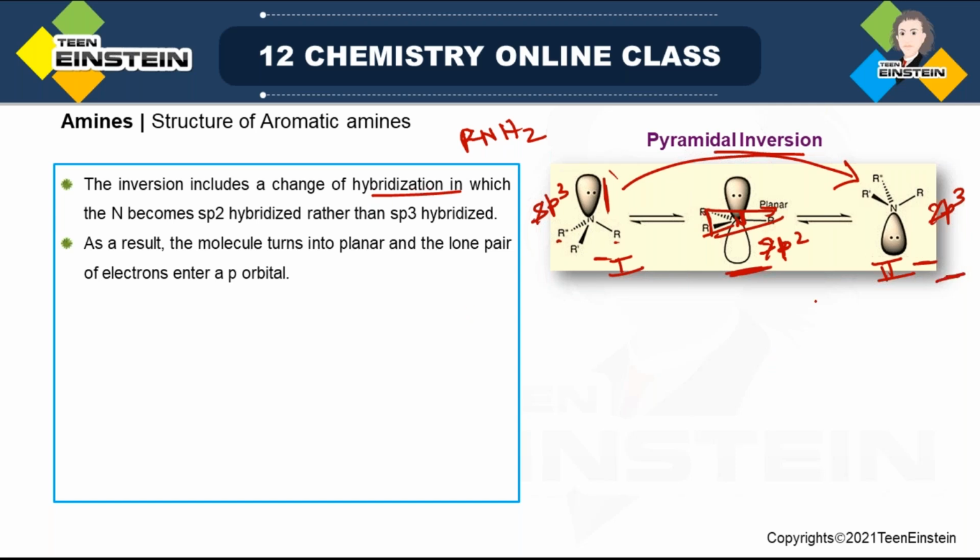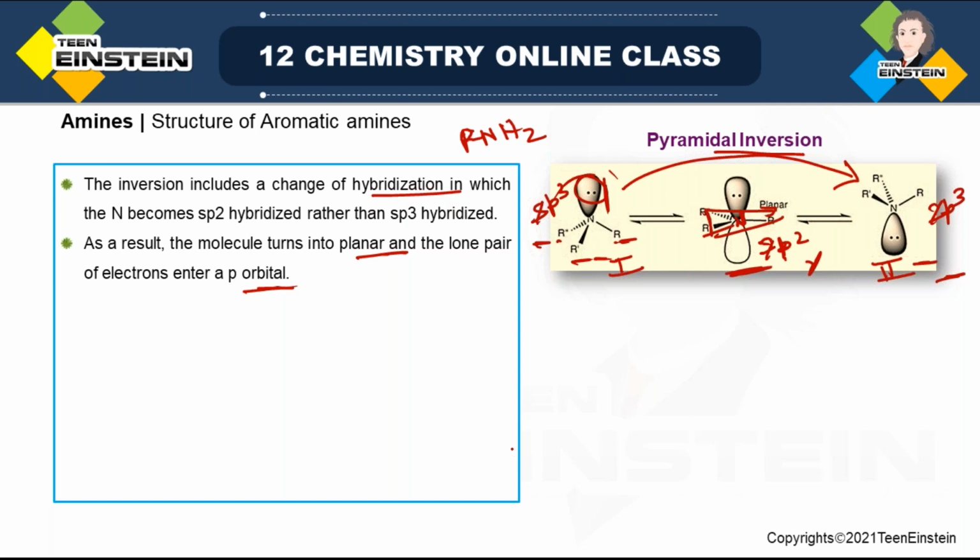This type of inversion is generally observed in aliphatic amines. But why are we discussing it? We are discussing it just to make you understand that sp2 hybridization is also possible. So it turns planar and the lone pair of electrons now enters a p orbital. When it is sp3 hybridized, there are a total of 4 sp3 orbitals. 3 sp3 orbitals nitrogen will use for bond formation with these 3 R groups or maybe hydrogen, and the 4th sp3 will contain this lone pair.